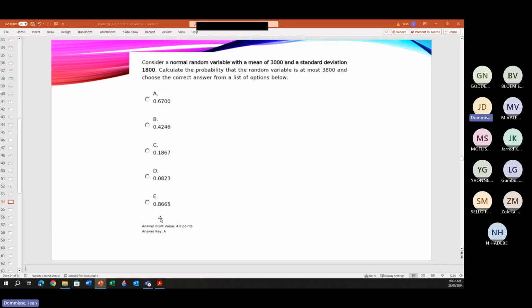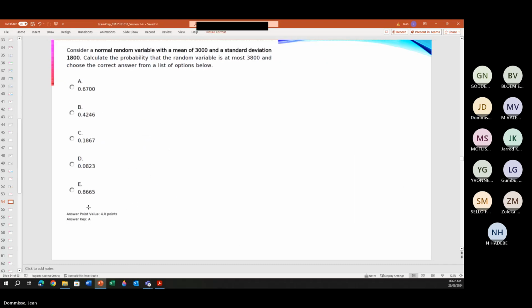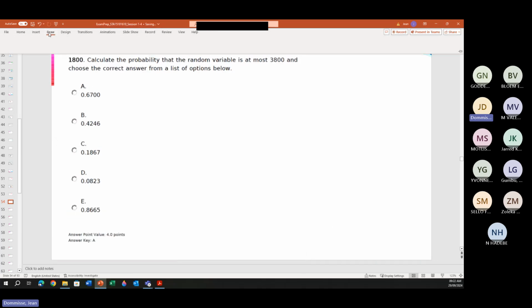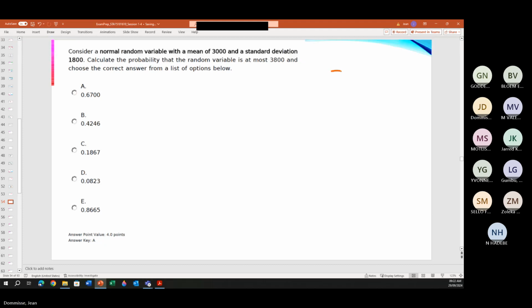So let's then go into one where we need to start working with the formula as well. First, we will need to get the Z, and then from the Z, if it is probability, we need to get probability. If it is something different, we will need to make sure what we need to get.